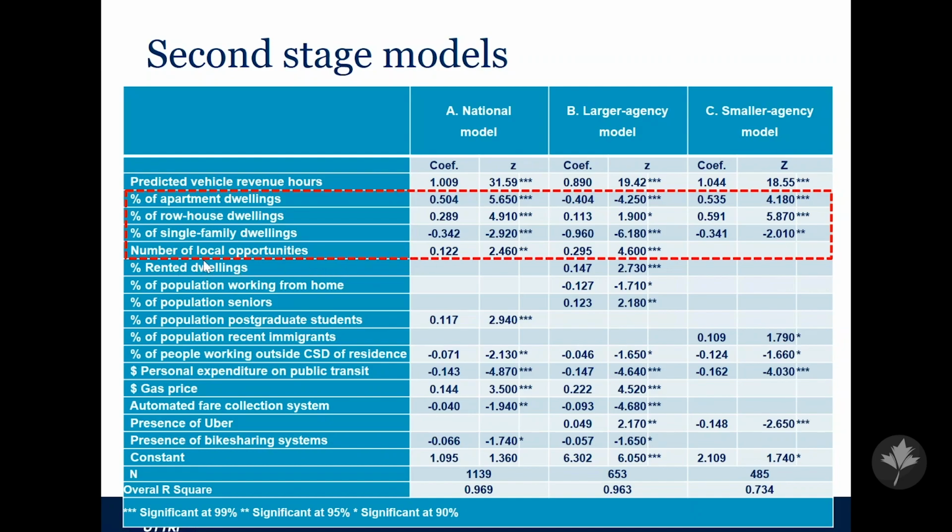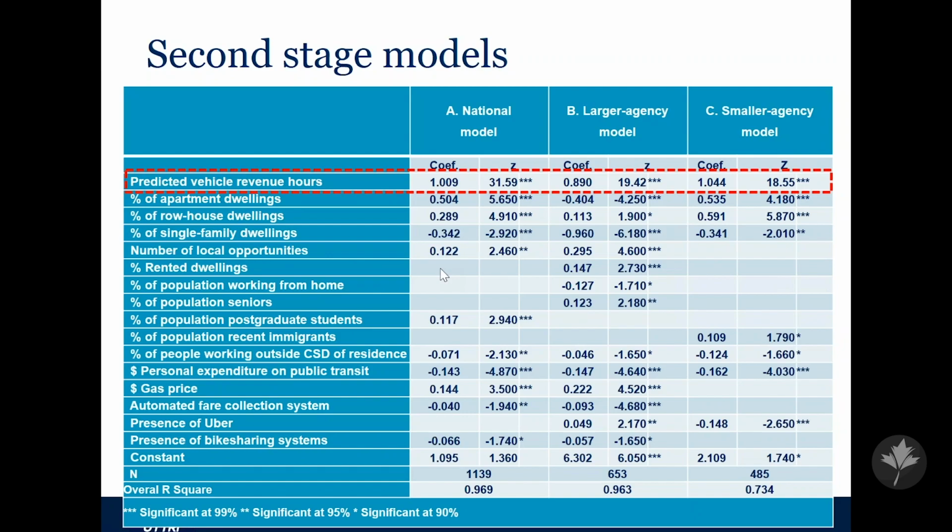And the number of local opportunities, which really represents the mixed-use nature of the urban form: the higher the mixed use, the higher ridership would be expected to be, all else being equal.